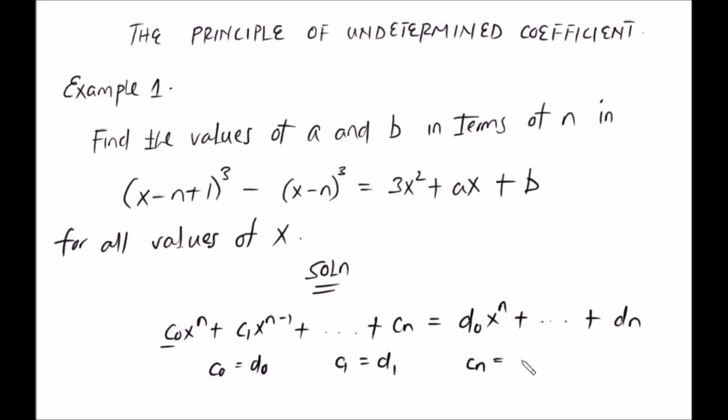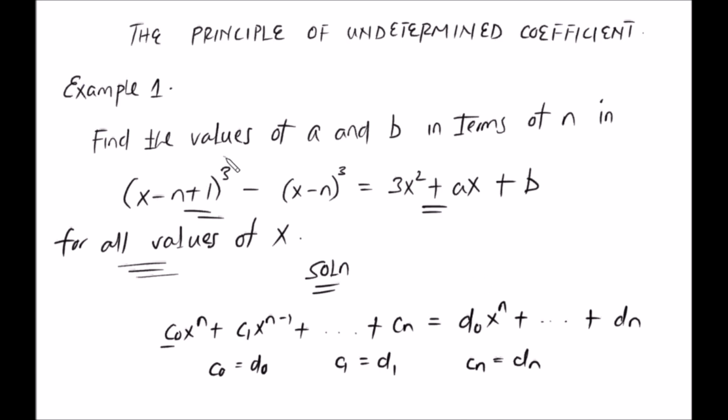This is what we said in the previous tutorial, and this is what we will do here. So here we have two polynomials that are equal for all values of x, meaning we can equate the coefficients of the like powers of x.